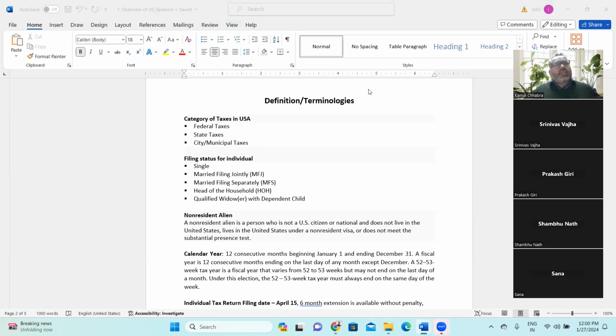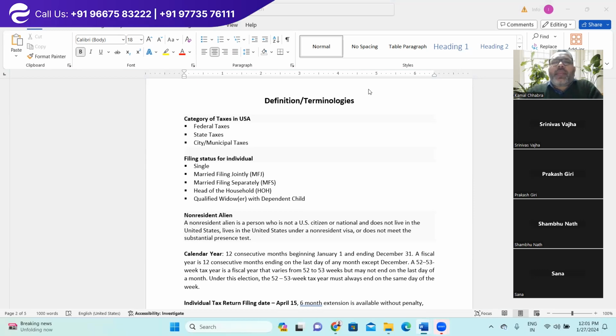In India, it is generally like Karta is the senior most person in the family. But in the US, the person who is spending the most for the household expense and maintaining the house is being considered as head of the household, who is taking care of the dependent and spending more than 50% of the expenses, right?